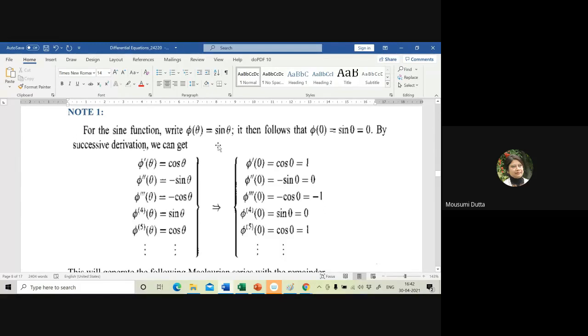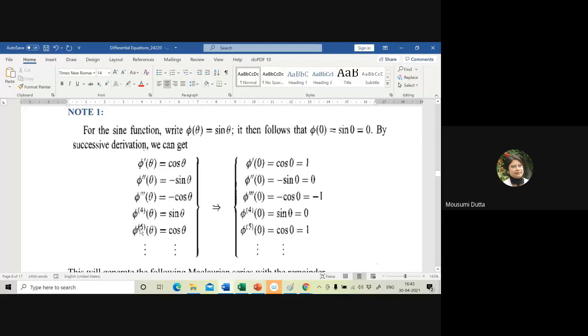I told you if I consider a linear function, I'll write phi of theta is equal to a plus b theta. I'm not considering a linear function; rather, I'm considering a sine function, therefore I'm writing sine theta. Then I can go on taking derivatives just like a linear function.